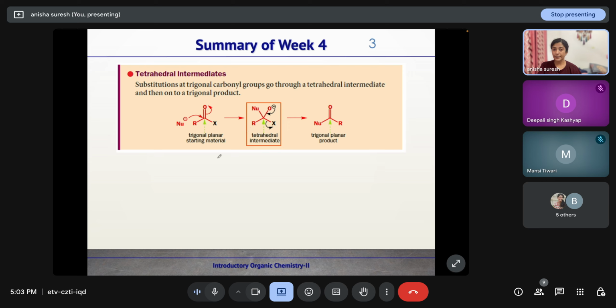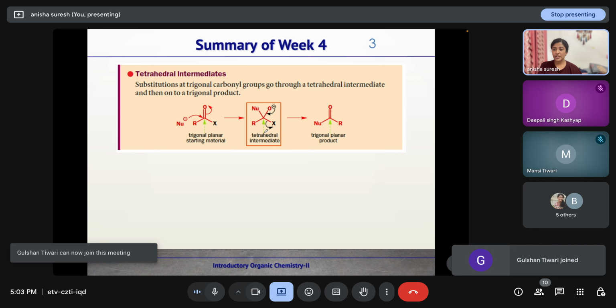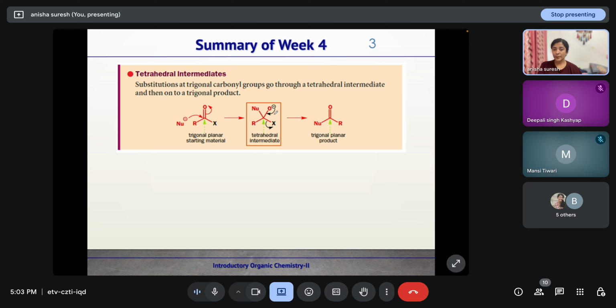The carbonyl carbon is the reactive center, so the nucleophile adds to the carbonyl carbon, the C=O double bond breaks and the electron density shifts, resulting in this tetrahedral intermediate. Once the oxygen lone pair falls back, X, being a good leaving group, leaves, leading to formation of the product. Ultimately, X is substituted by the nucleophile.